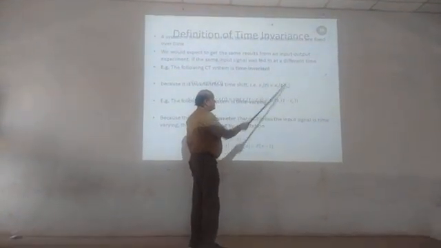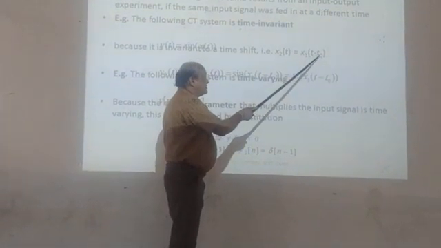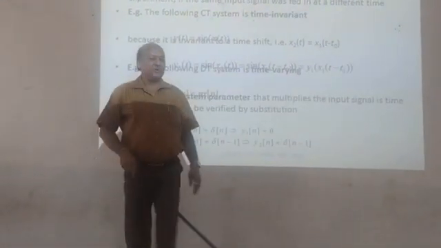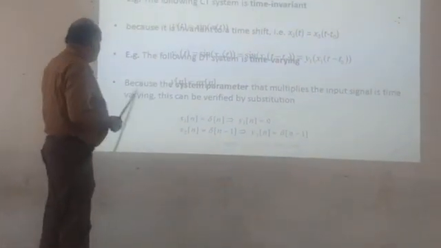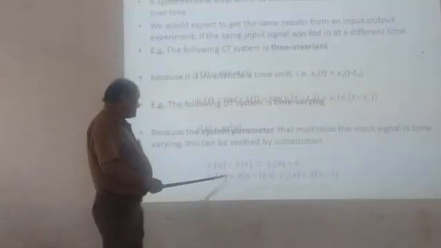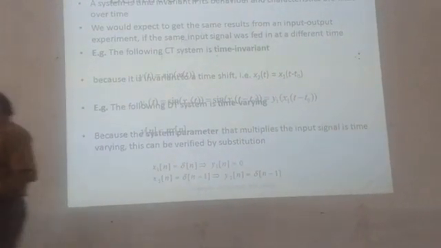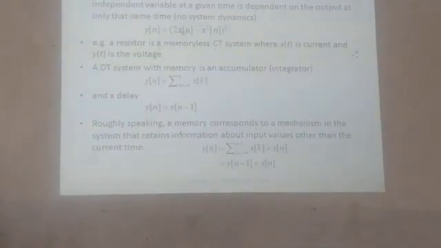This is called shift invariant, and a system is variant if it varies by the time t0, because the system parameter that multiplies the input signal is time varying. This can be verified with substitution. We have already seen these examples for the substitutions.